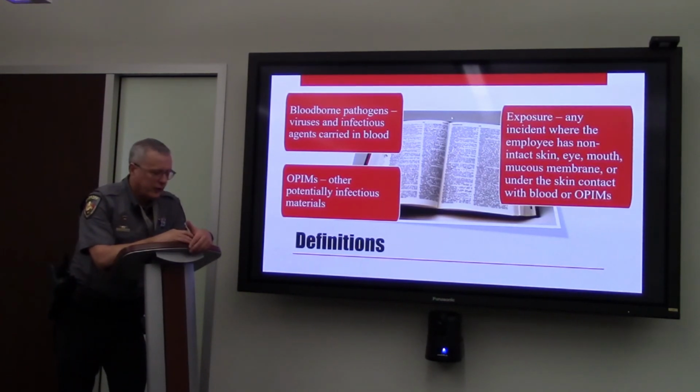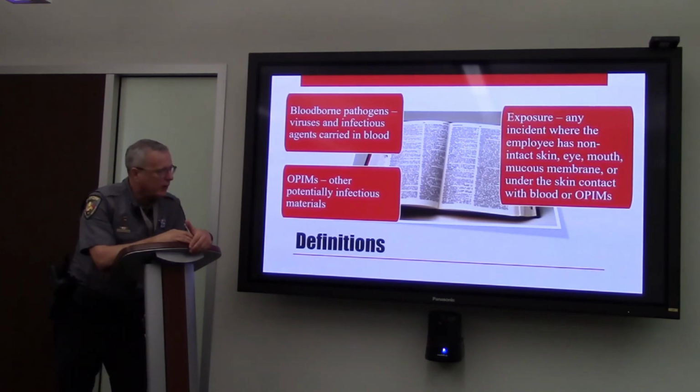But one of the things that we're beginning to learn now with COVID is that if you're in the presence of a person who has got a COVID infection, neither one of you have masks on, and you're with that person for 15 minutes or longer at a distance of 6 feet or less, that's going to define an exposure to the COVID virus.